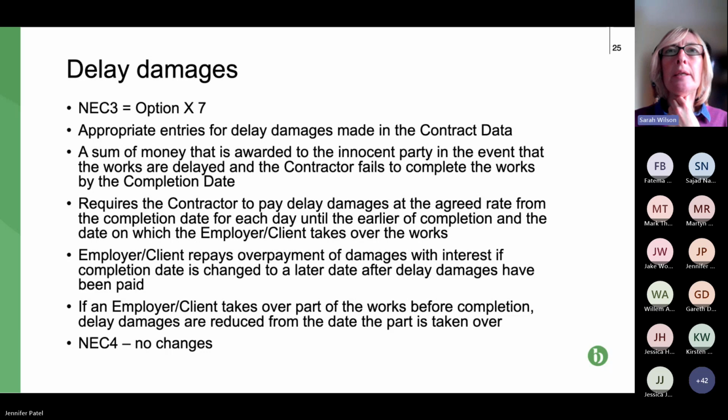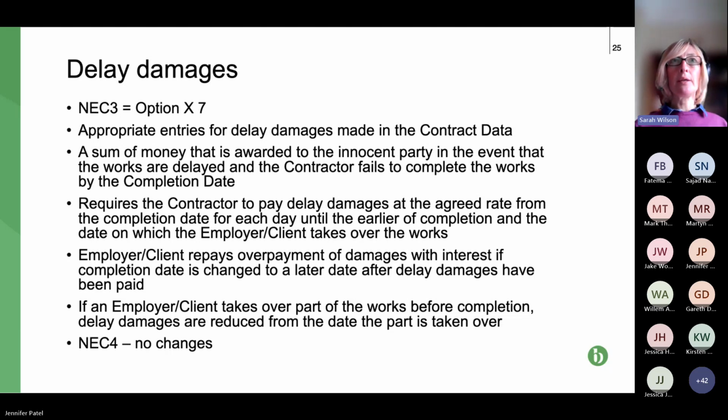So again, it's another way of retaining money that would otherwise be due to the contractor. And then at that point, the contractor, or in a subcontract the subcontractor, if they can't negotiate a resolution that's satisfactory to them, would have to proceed to adjudication, prove that they're entitled to an extension of time, in order to recover those delay damages.